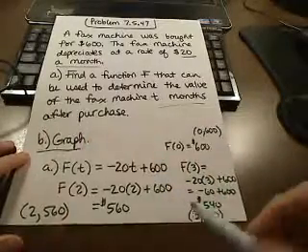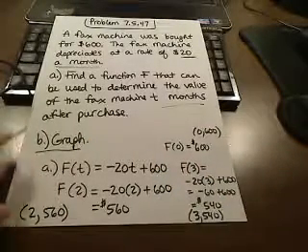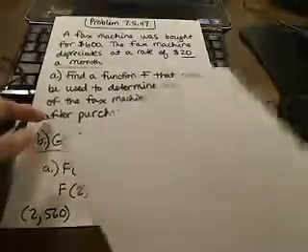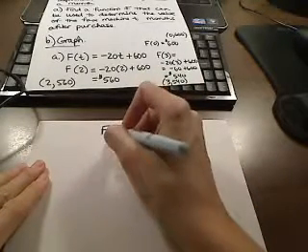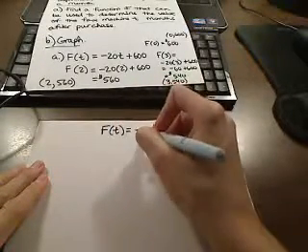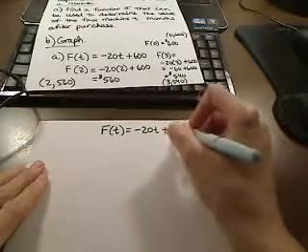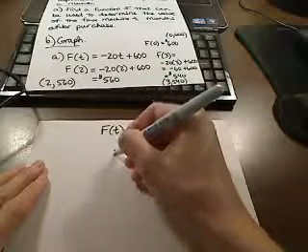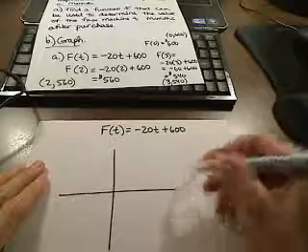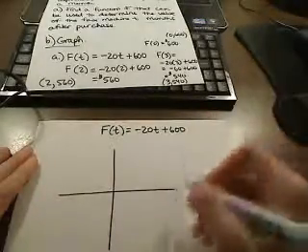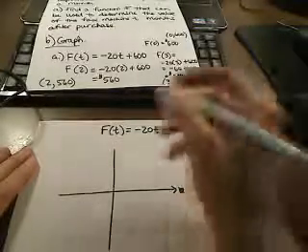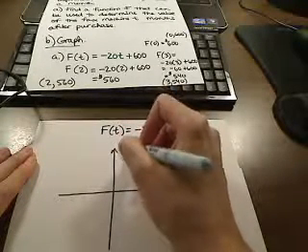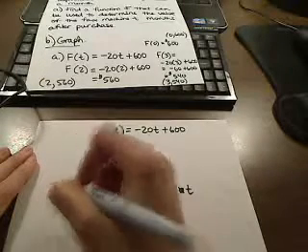The second part of this problem did ask us to graph, so let's go ahead and do that. One of the things that is important to think about with this problem, since this is an application problem and we are talking about buying a fax machine, is that when we look at our axes here, it does not make any sense for us to go into negative territory. This is going to be t and f of t for our axes here.